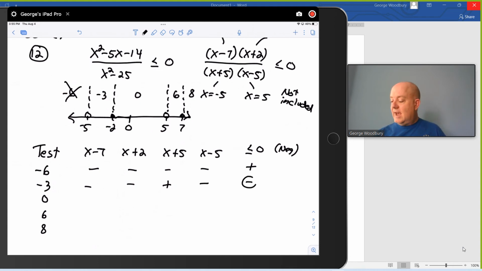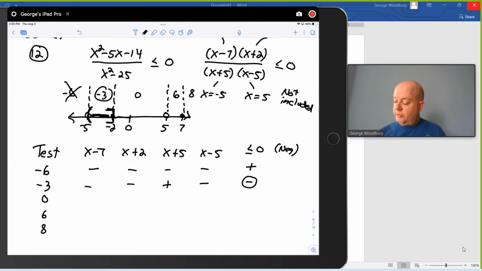That result is negative. That means negative 3 is a solution. And that means that I can shade in that interval on my number line. Again, that's going to be a parentheses at negative 5 and a bracket at negative 2. Because negative 5 came from the denominator, negative 2 came from the numerator.